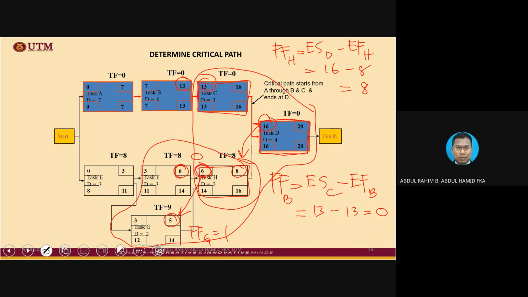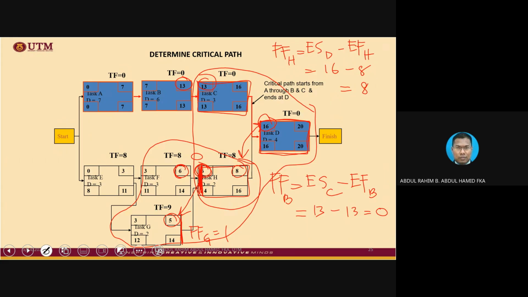Anyway, the issue with regard to free float is the definition. The definition is basically the free time such an activity has without affecting the starting of the subsequent activity. The subsequent activity here, between G and H, is the issue, the starting. Now, E and F, you don't have to bother.